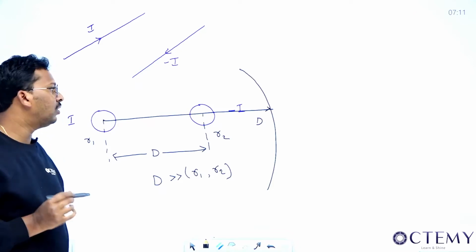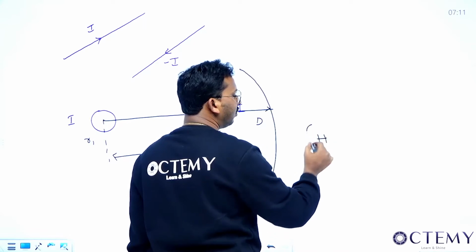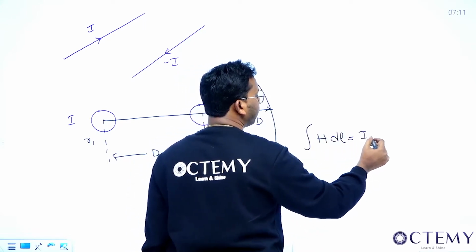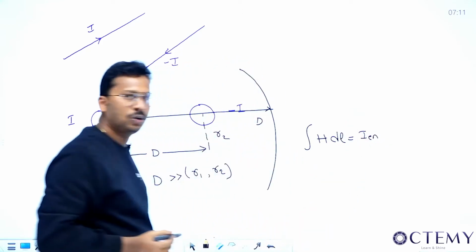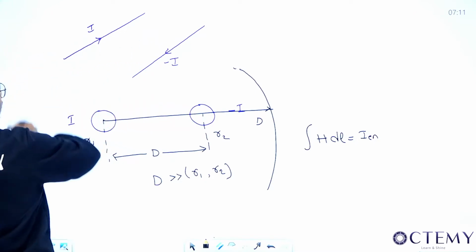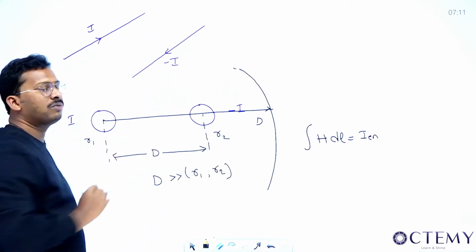Why will it be 0? Because when you apply Ampere's circuital law, H dot dl is equal to I enclosed. What is the Amperian surface? This entire circle is the Amperian surface. In this entire Amperian surface, what will happen?